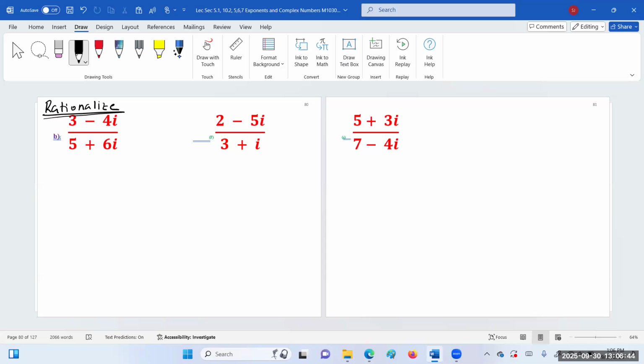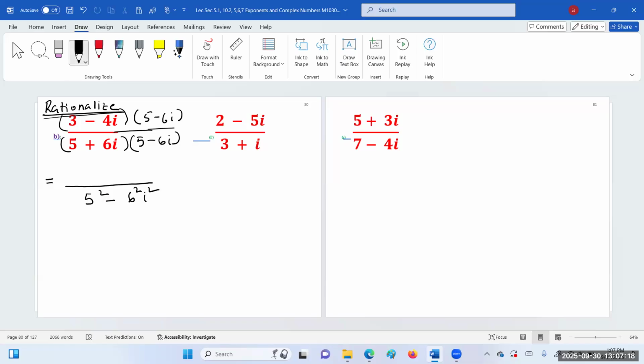Okay, so since you already know the details, I'm not going to do all the details. I'm just going to do shortcuts. What do you multiply by? 5 minus 6i. Now, when you do that, we get 5 square minus 6 square i square.